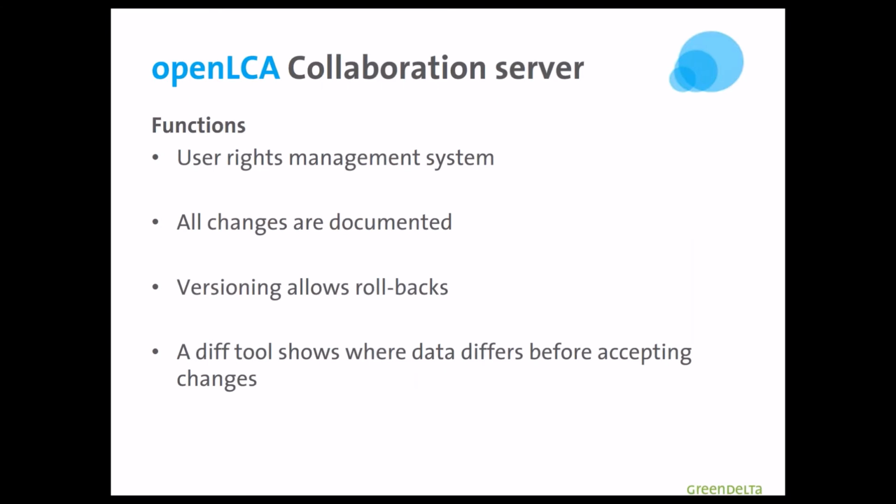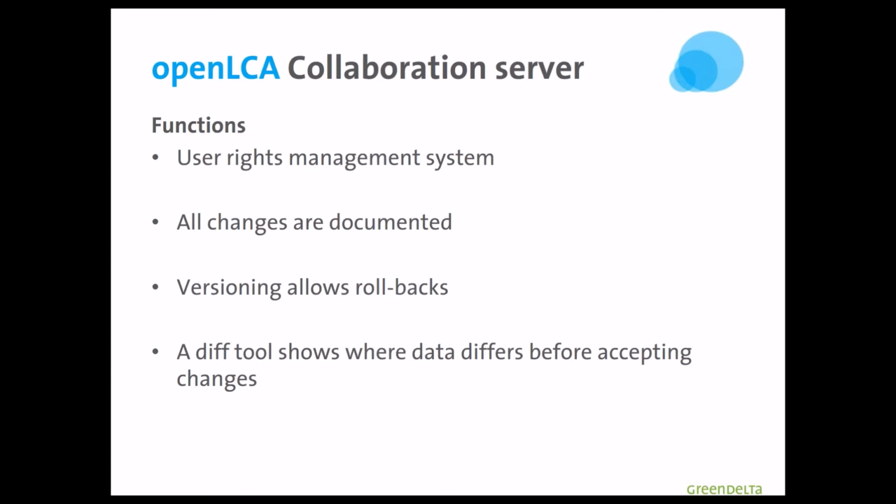Some main functions that the collaboration server provides are user rights management, which allows you to control who can see or who can change or who can review data. We have a tracking system so that all changes that are done in the data are tracked, including information on who made the change and when and what exactly was changed.